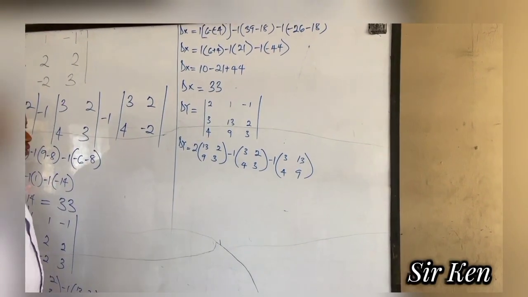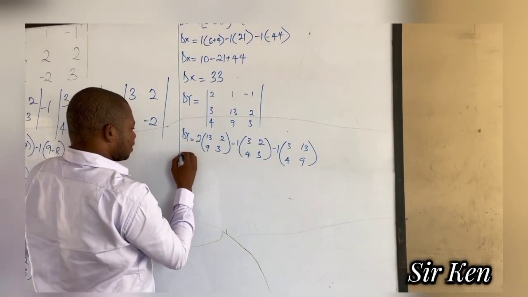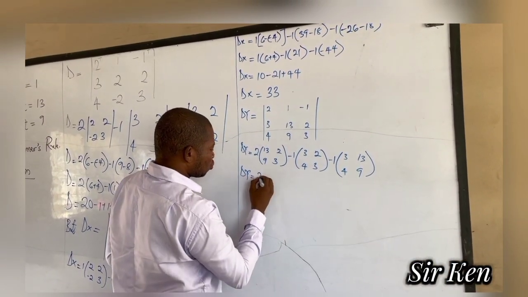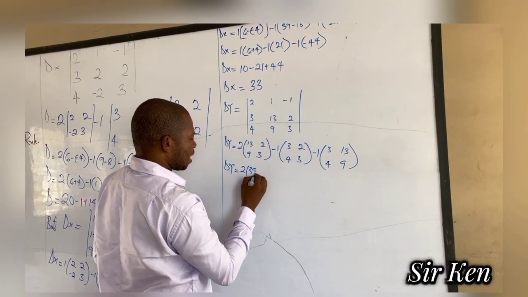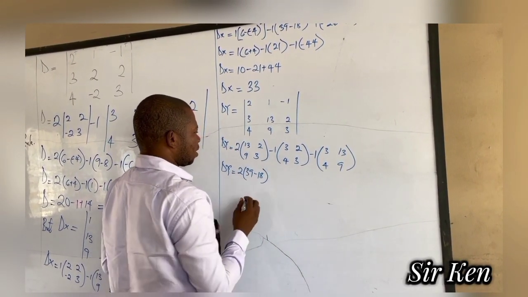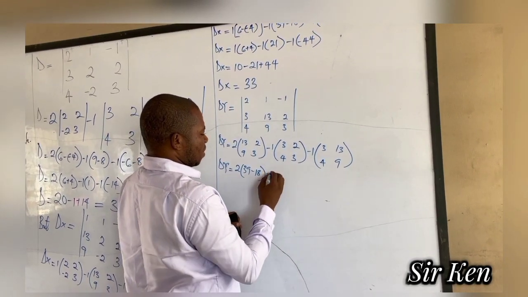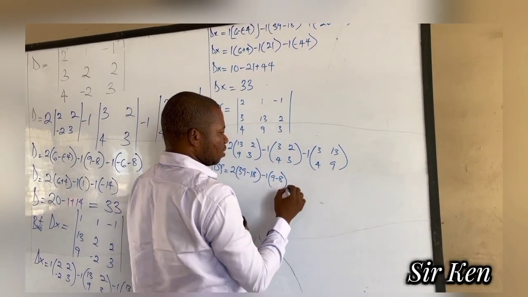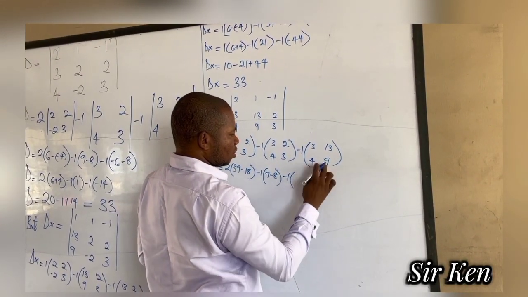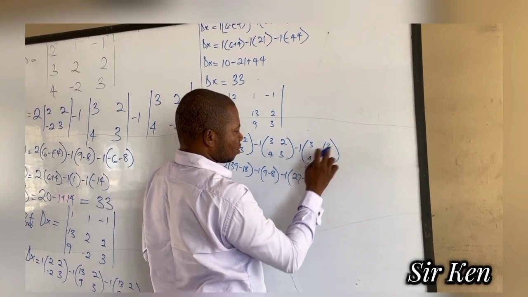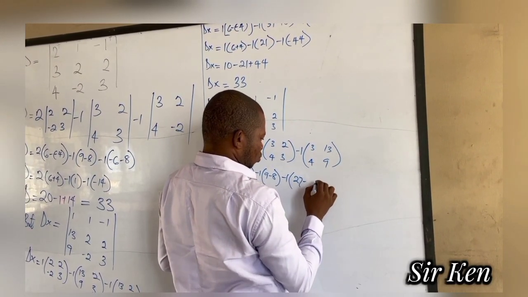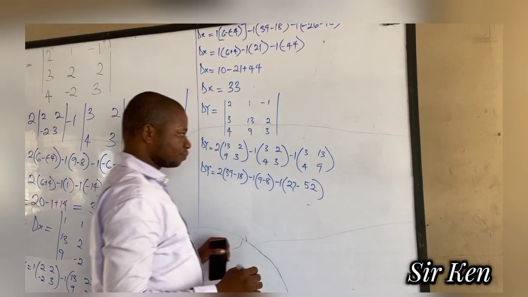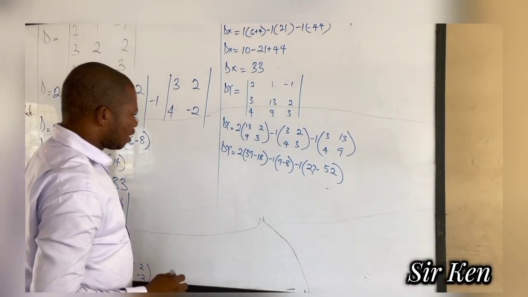So breaking it further, I have the y is equal to 2 into 39 minus 18, that is 9 times 2, 18. Minus 1 into 9 minus 8. Coming down, minus 1 into 27 minus 4 times 3, 12. Now this is what we're going to have for this.